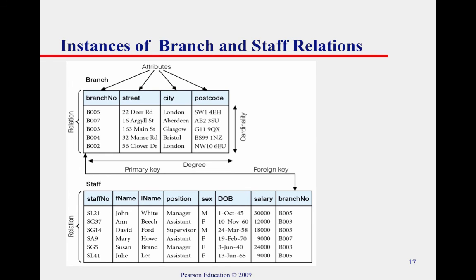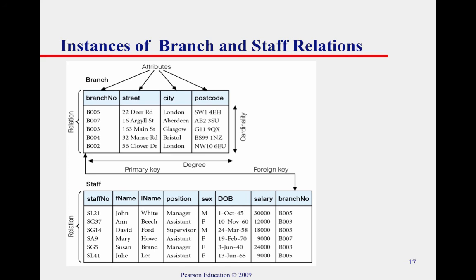So here, branch number is a superkey because it uniquely identifies every branch. All four attributes are also a superkey because they uniquely identify it.